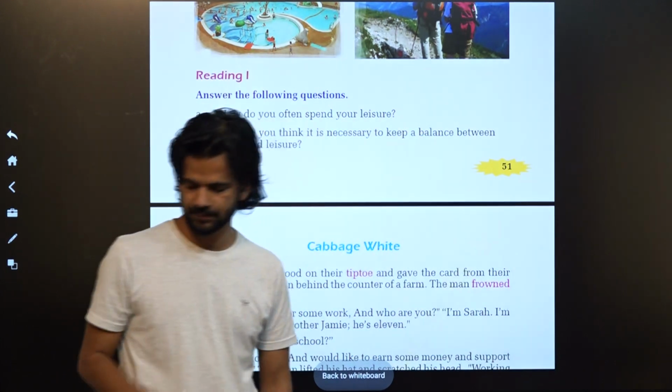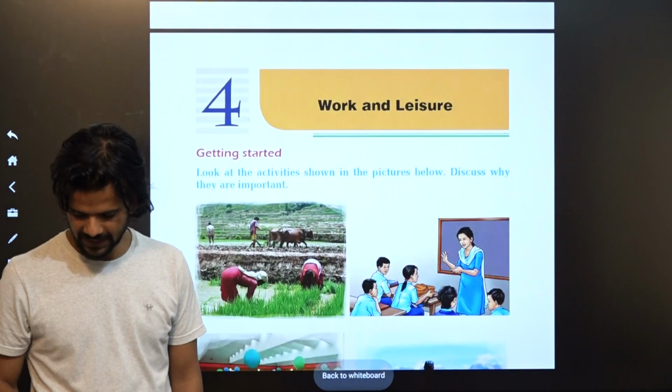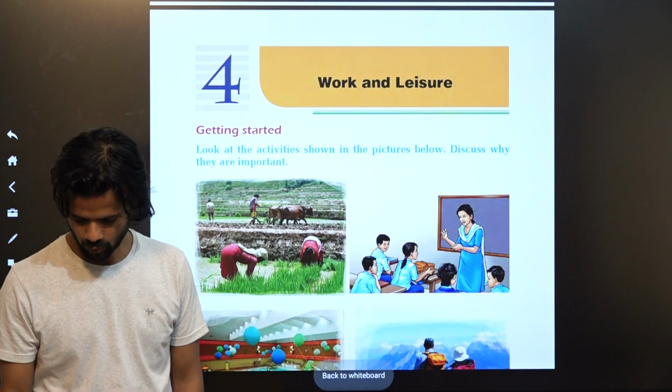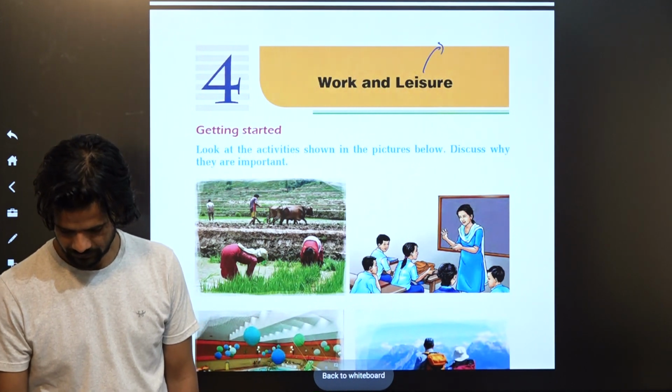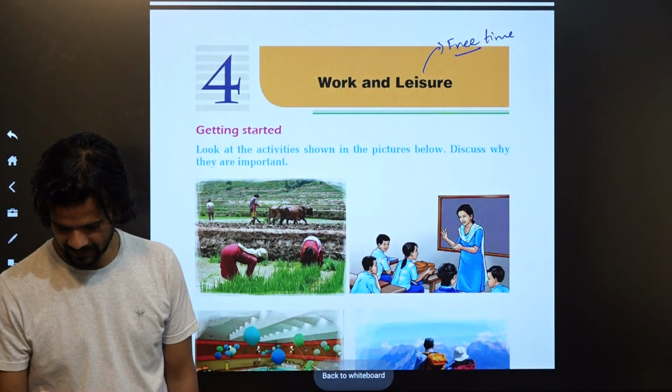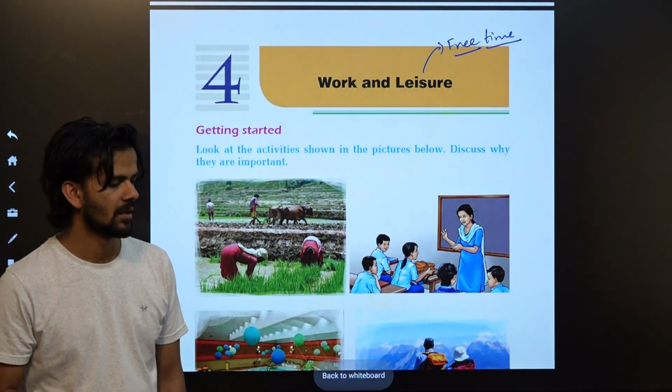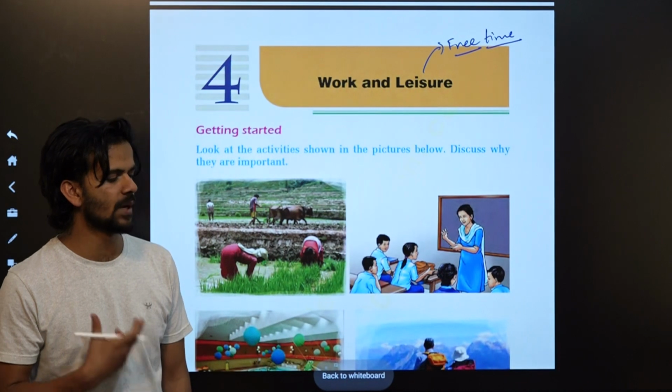Leisure. Leisure means? Free. To be free. Free time is also called leisure, or an activity that you do when you are free.